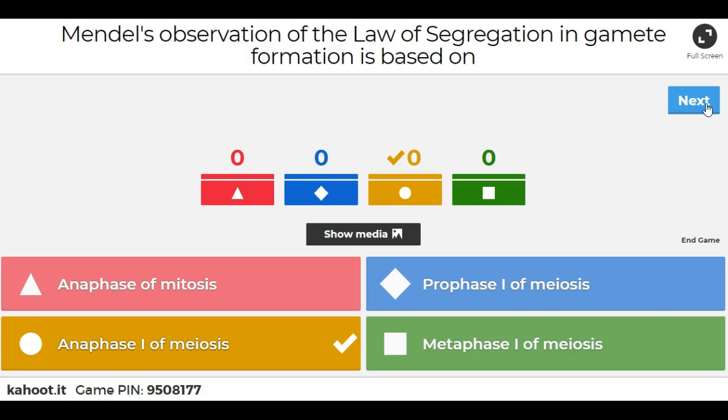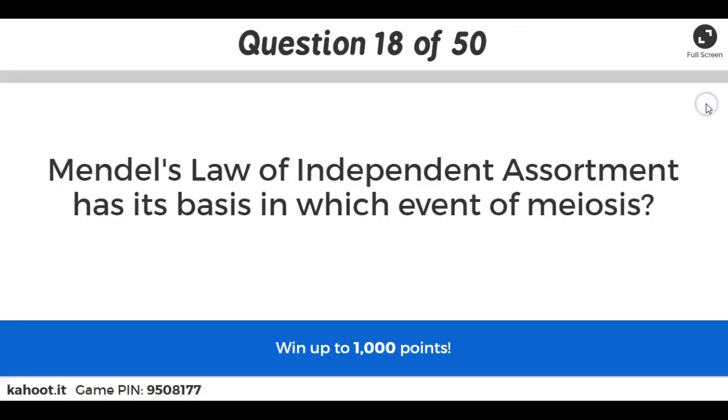The law of segregation is discussing the separation of alleles, and so we're looking at when those homologous chromosomes are separated from each other. All right, next question.